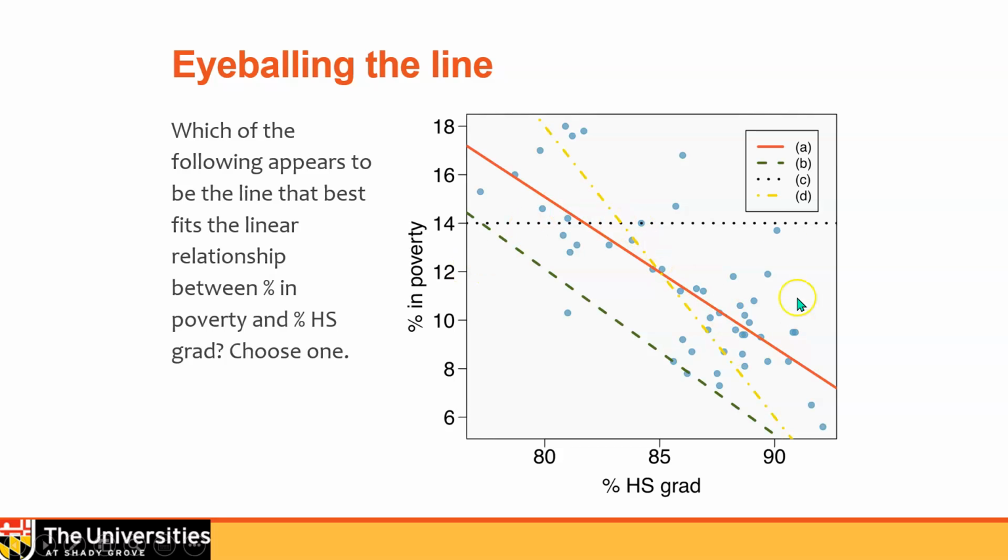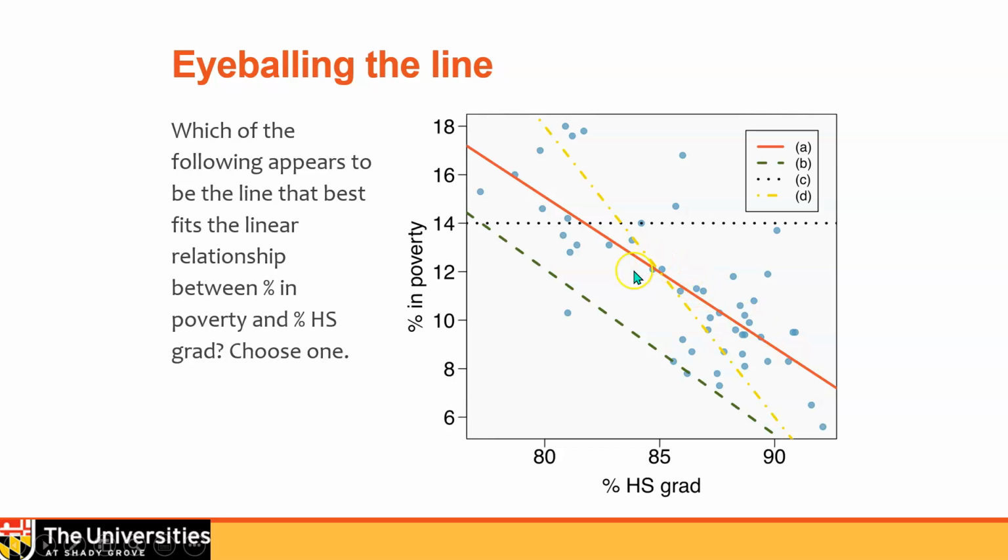So here's our data again, and here are 4 possible lines. A lot of times we can look at the data and eyeball what line best fits. You'll recognize the orange line as the one we've worked with already.